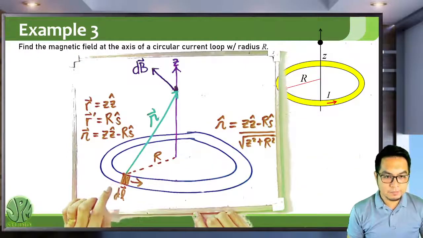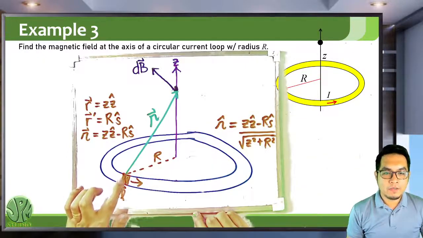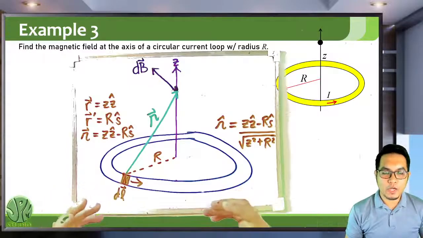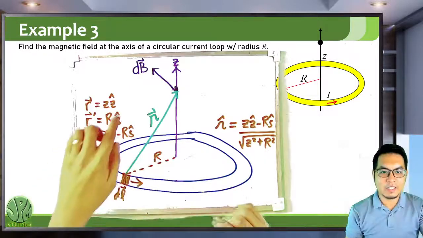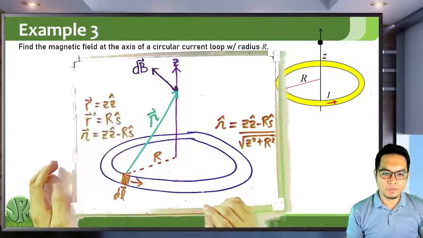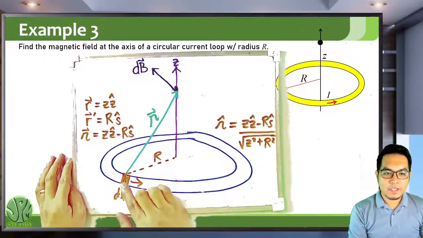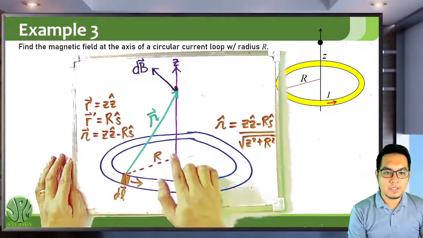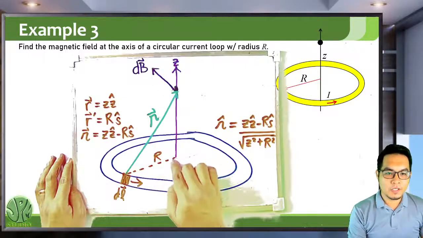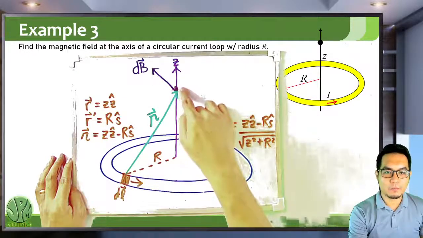So meaning, for every differential element here, dl, it will have a contribution differential magnetic field. So the differential length is our source. This is our origin. So this is our r prime, and this is our field point.